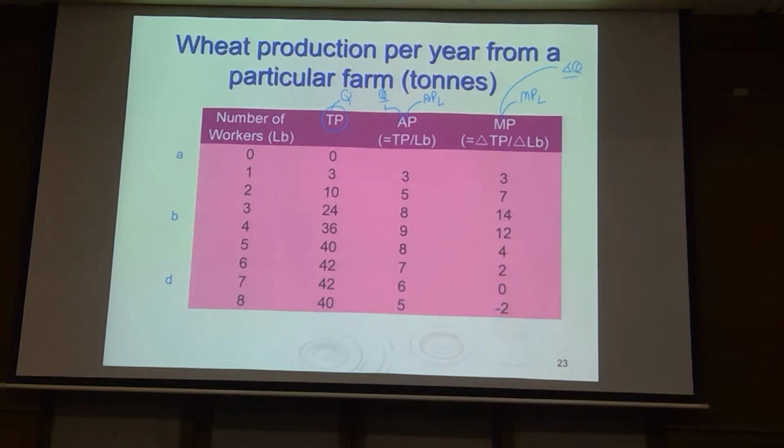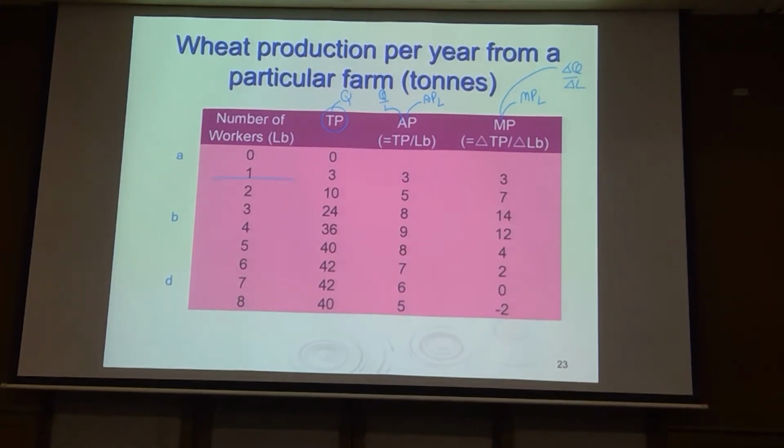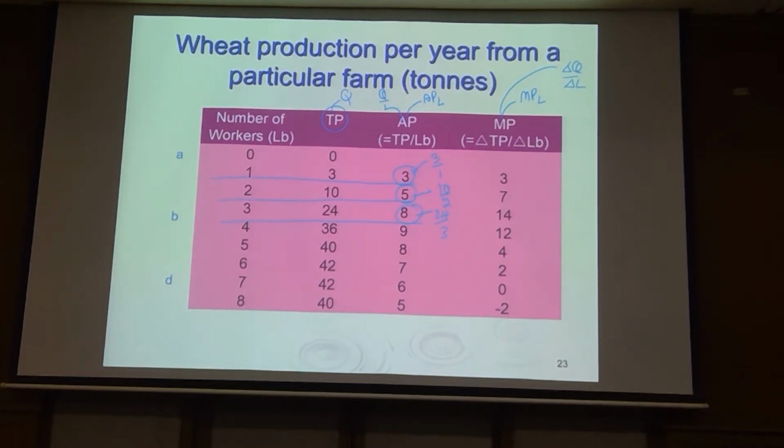This is change in Q over change in L, okay? So when you calculate, output per worker is simple here. For example, how do we get 3 here? 3 over 1. How do you get 5? 10 over 2. How do you get 8? 24 over 3. The marginal product is the same thing that we showed you before.